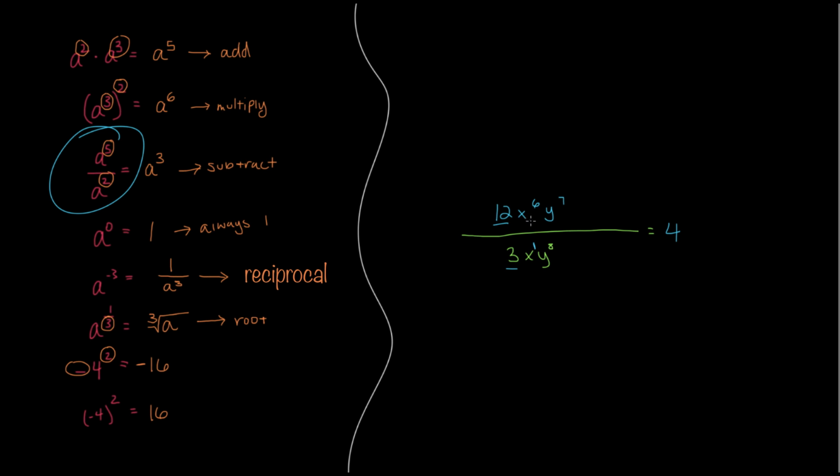So we're going to have x to the 6th divided by x to the 1st. And remember, we subtract the exponents, so we're going to end up having x to the power of 6 minus 1, which is 5. For our y's, we have y to the 7th and y to the 8th. So our y term is going to be y to the power of 7 minus 8, and that is negative 1. So our answer should be 4 times x to the 5th times y to the negative 1st.